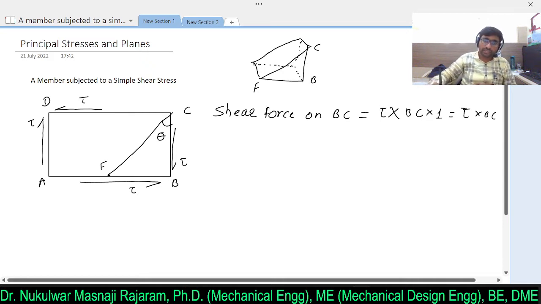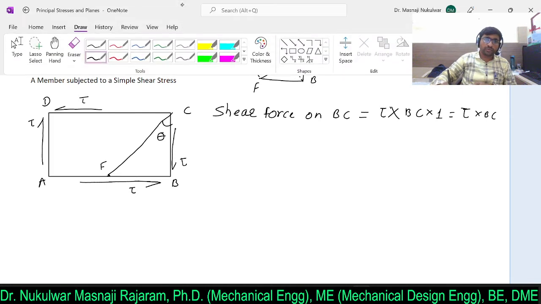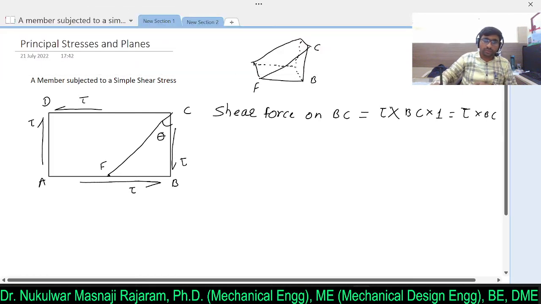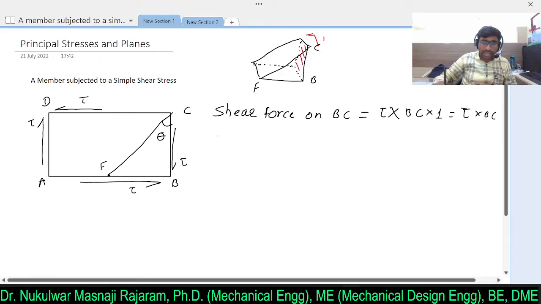Now here we have considered the area, this one. I will show you. So here I have considered the area, this BC, as it is having unit thickness. So BC into 1. Similarly, we can evaluate the shear force acting on plane FB. So the shear force acting on FB is again equal to tau into FB into 1.